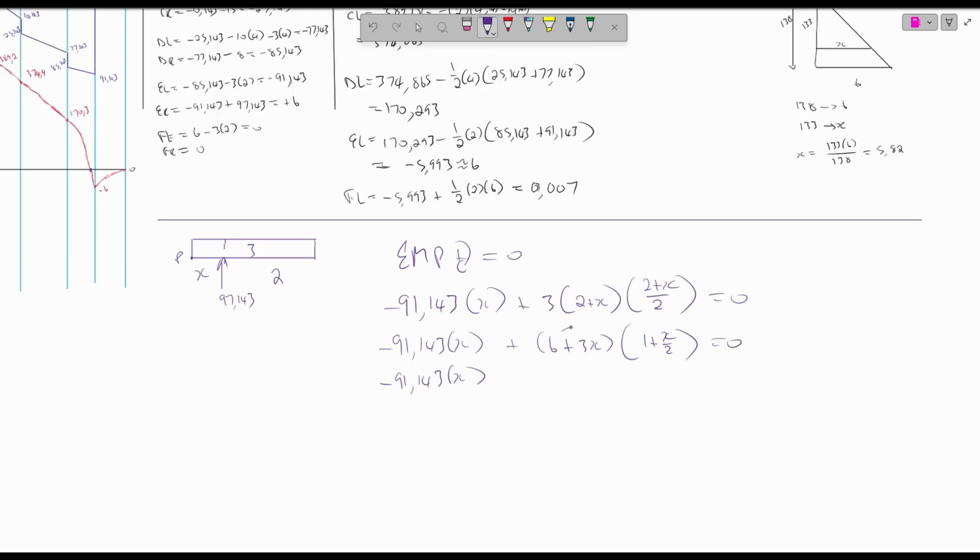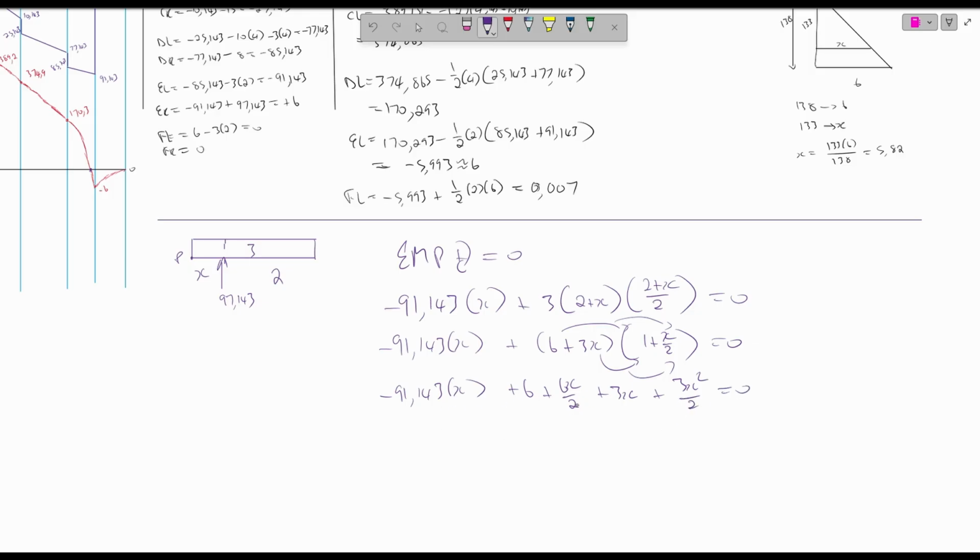So we're going to take this one in and in. So we're going to have plus 6x divided by 2 plus 3x plus 3x squared divided by 2 is 0.